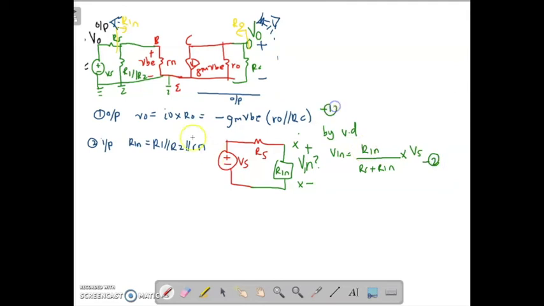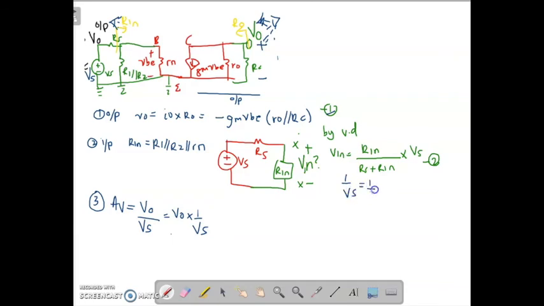Now the final step is for you to find the derivation of the voltage gain. So what is voltage gain? It is the voltage output over this Vs, over the voltage at the input. So V out, coming from equation number 1, Vs is equal V out multiplied by 1 over Vs. So what is 1 over Vs?